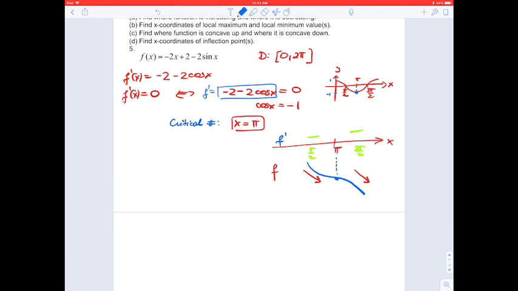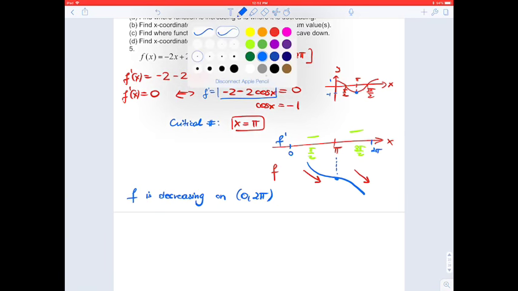We will check, maybe it's the inflection point here, but it's definitely no local extreme values. We can say function is decreasing on the entire interval, because domain is from 0 to 2 pi. That means function is decreasing from 0 to 2 pi.